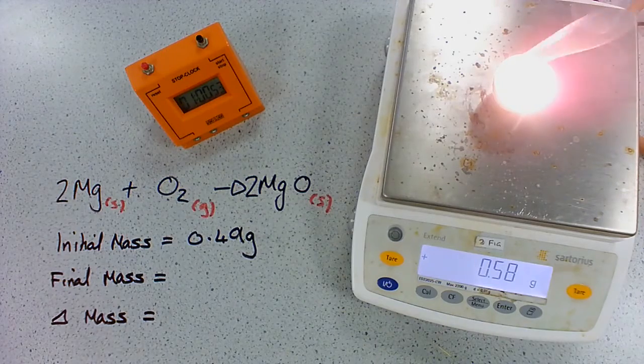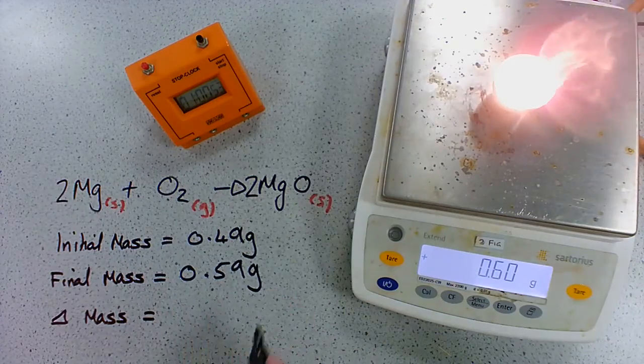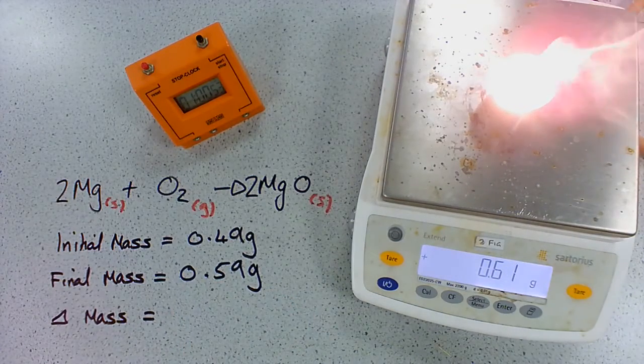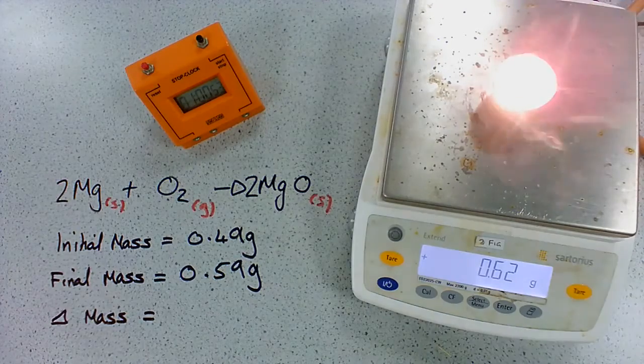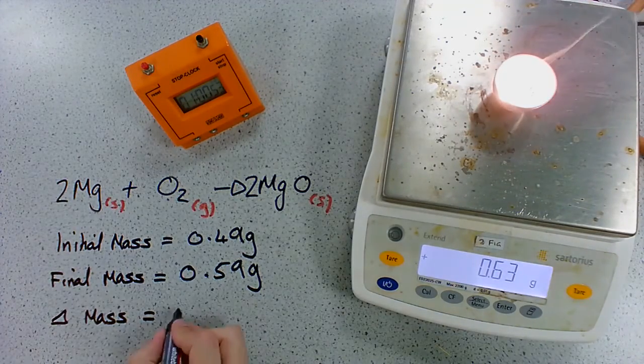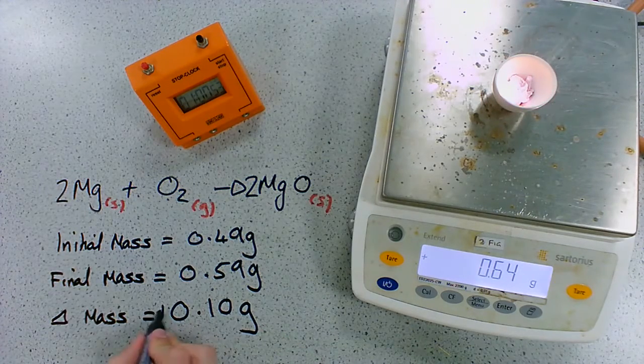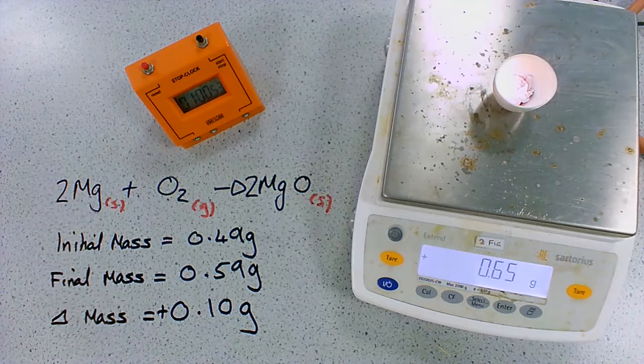So our current mass is 0.59 grams. Now that will continue to increase because it's continuing to react with the oxygen in the air, but we're only interested in how much it increased over a minute for now. So our change in mass, 0.1 grams, and it is increased. So compared to the one we looked at before, this reaction has actually increased in mass.